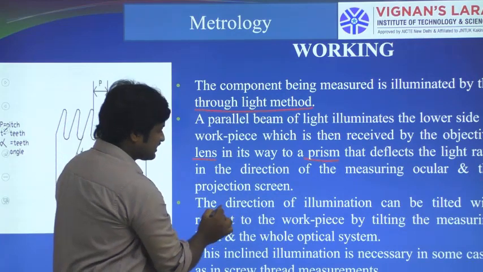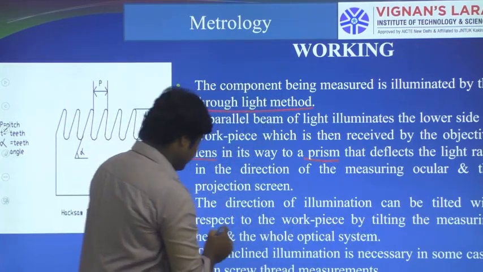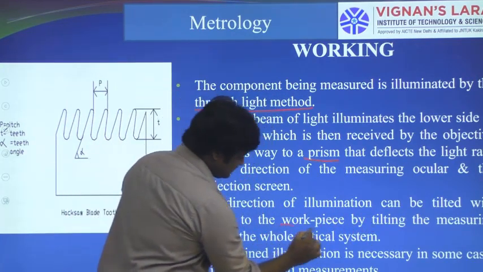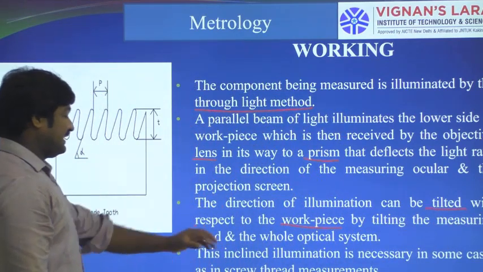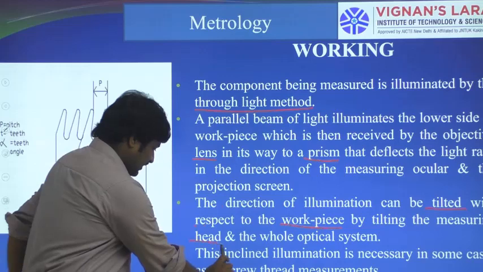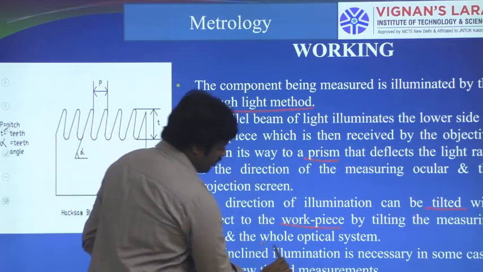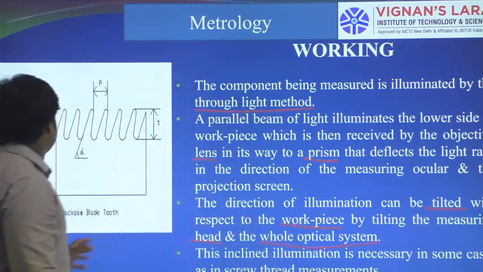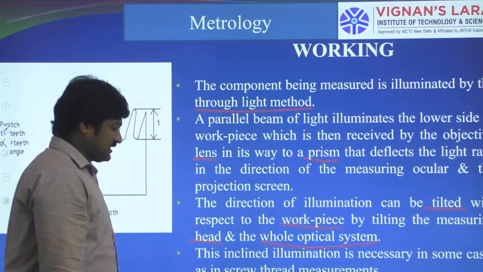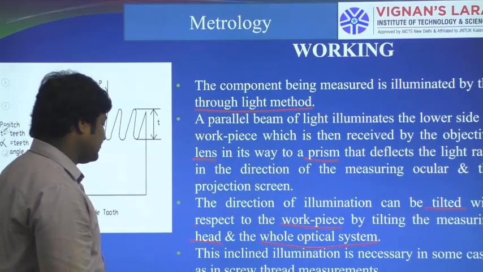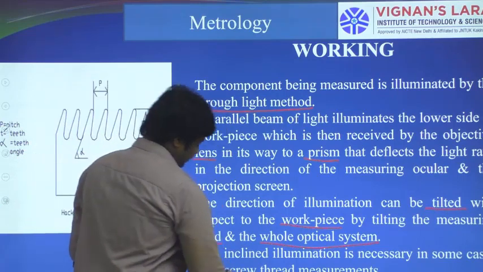Next, the direction of illumination can be tilted with respect to the workpiece by tilting the measuring head and the whole optical system. This inclined illumination is necessary in some cases, as in screw thread measurements.